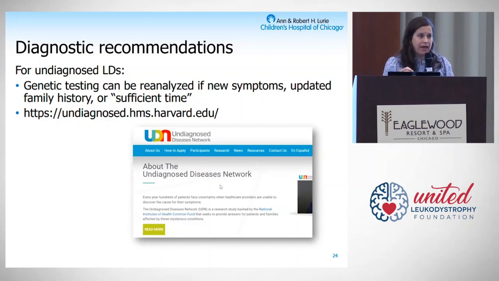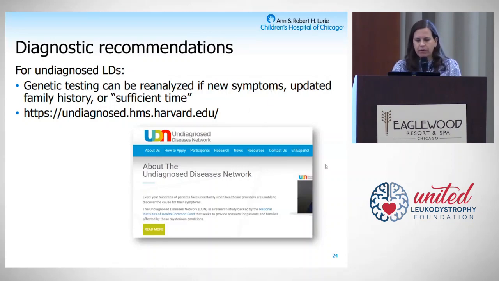They specifically pay attention to what symptoms you put in. So if you put in leukodystrophy, or you put in hypertrophic cardiomyopathy, which is a heart disease, the test is tailored to what you put in it. So if there are new symptoms, it can be helpful to rerun it. Or if there's an updated family history, or some time has passed, the technology has improved, or more genetic conditions have been reported, you can reanalyze that sample you already sent and run it again.